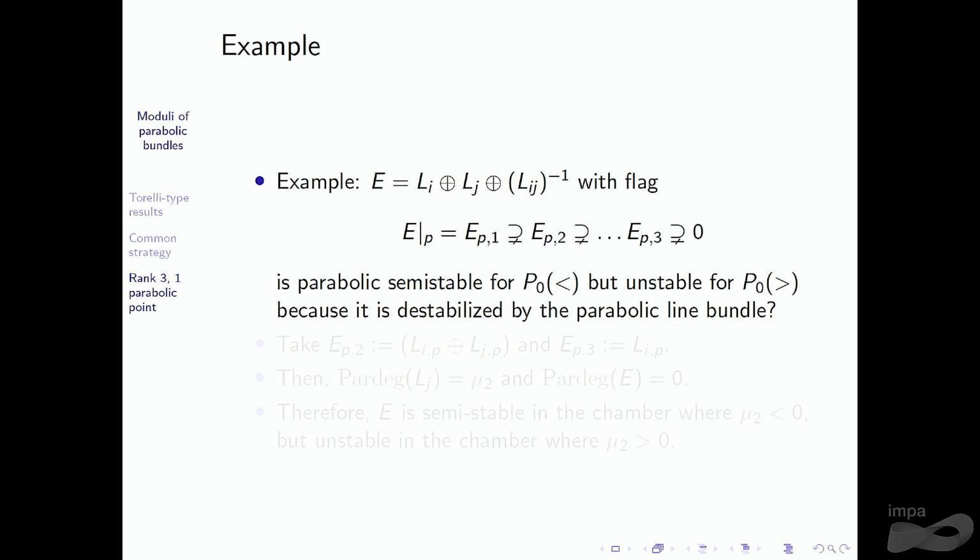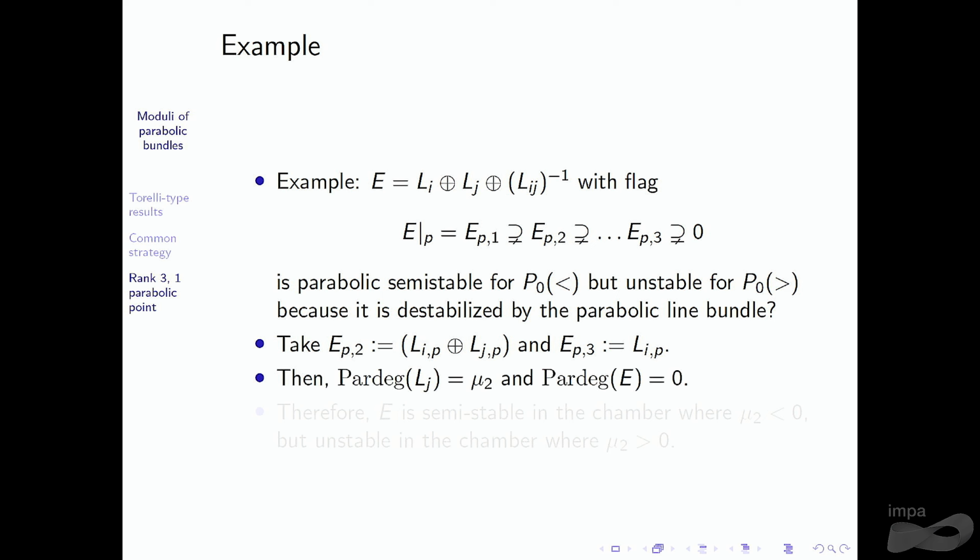So for example, if I look at my bundle L1, L2, L3, I can show that this is going to be parabolic semi-stable for one of the chambers, but not for the other, if I ask the flag to be this. Because that is going to determine whether or not I can take a subbundle which violates the stability.